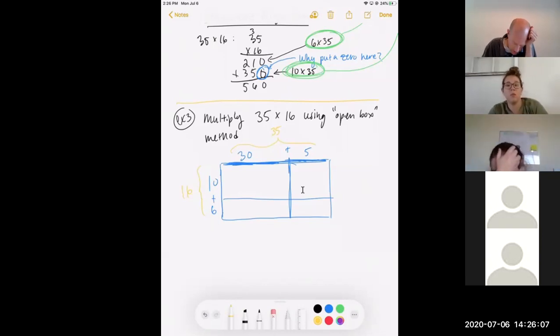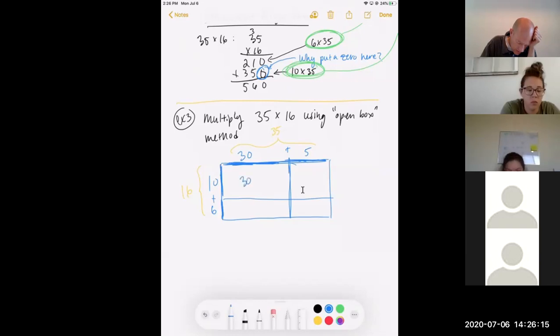So now we're going to do our area model, where we'll fill in the area of each of these boxes. Now the area of this one is going to be 30 times 10 because I'm just focusing on the 30 and then the 10. This one is going to be 5 times 10. This one is 30 times 6.